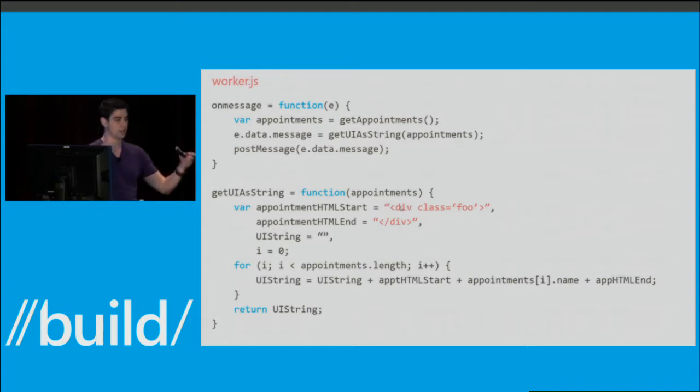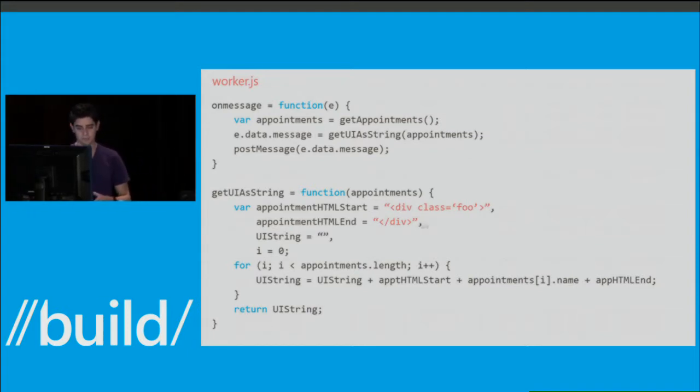So here's the start of what an appointment looks like. Here's the end of that appointment. Then we go through and just loop over all the appointments. We take that UI string, and then we append the next start. We put the data in the middle, and then we append the end HTML, and we just keep looping through that for all the appointments. Then we send back that UI string, and it posts a message back to the UI thread.